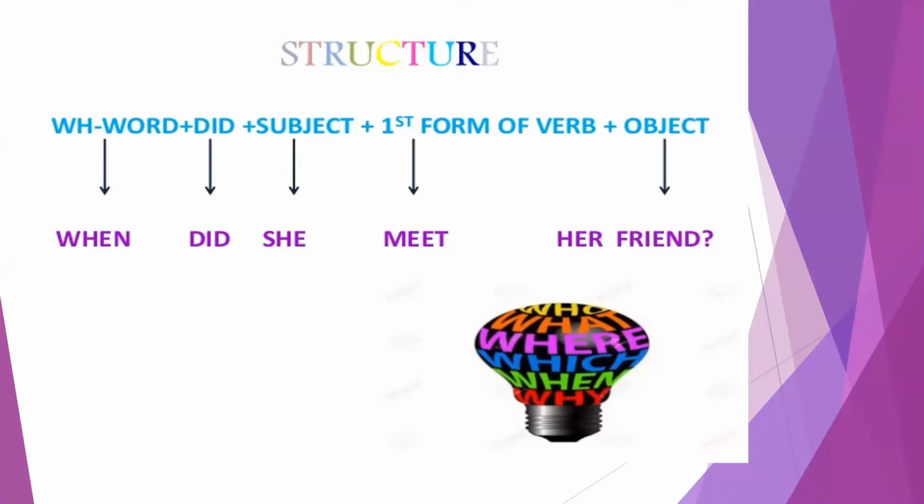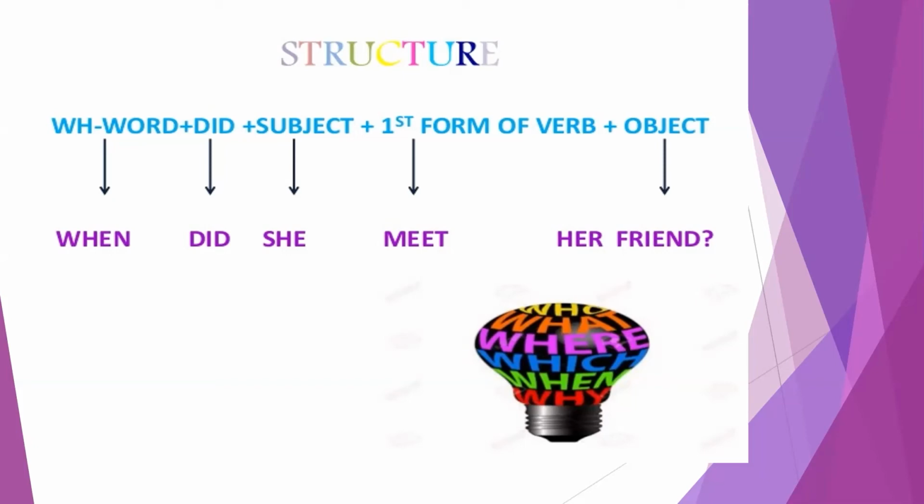For example, when, why, where, how. Then add the helping verb did. Then add the subject. Subject, that is the person who works. That may be he, she, it, or any name, or they, we, I, you. Then first form of verb. The verb is the action that is performing. For example, sleeping, eating, meeting, and others. Object is in the last and question mark.